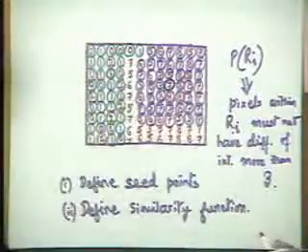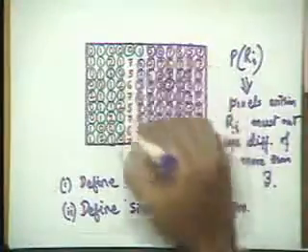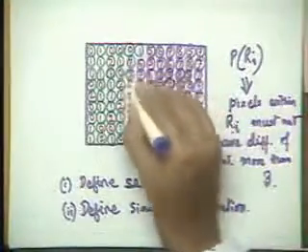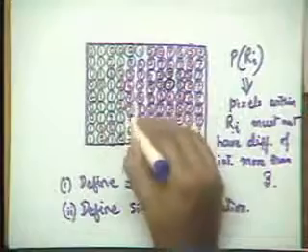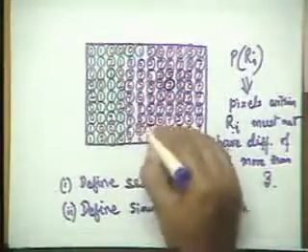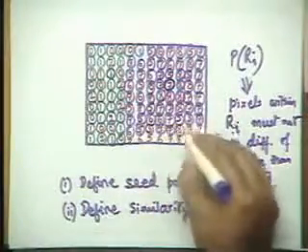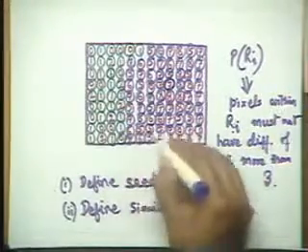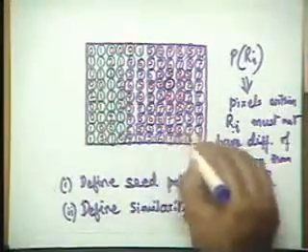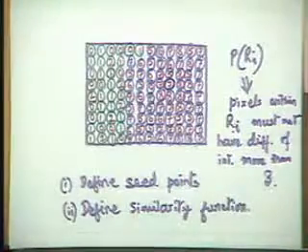You see that the blue region is growing, and after one more iteration all these pixels will belong to the blue region. After one more iteration, even these pixels will belong to the blue region.